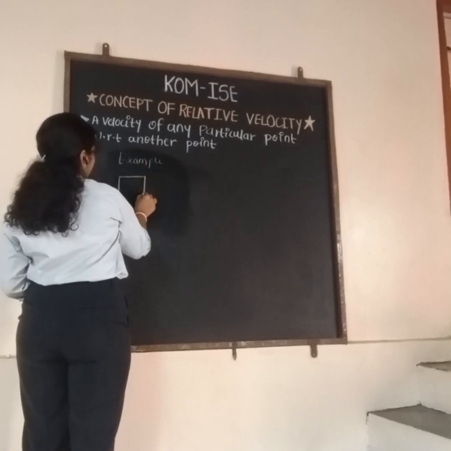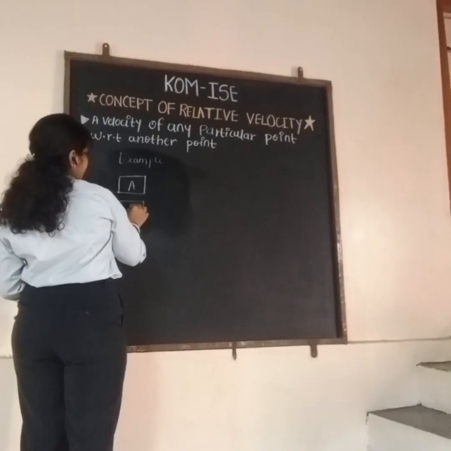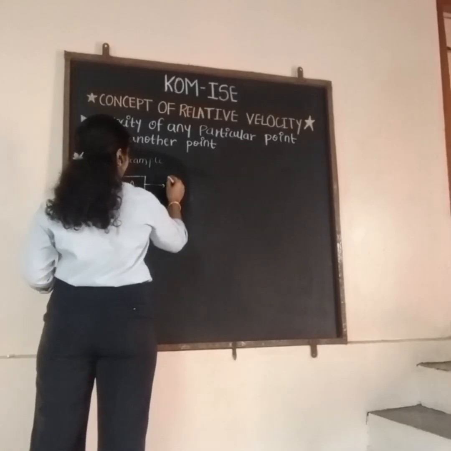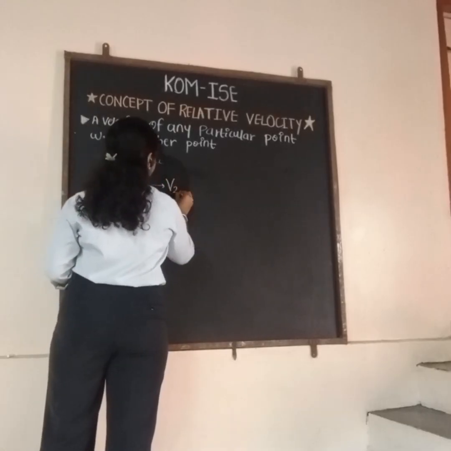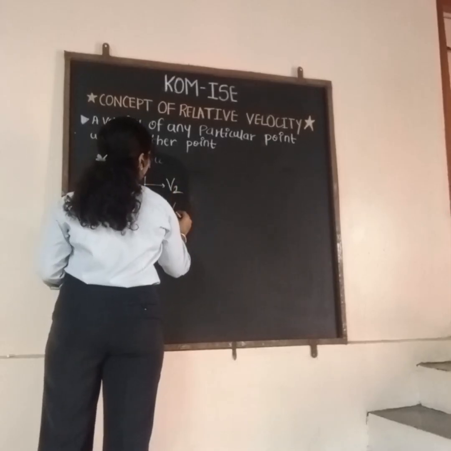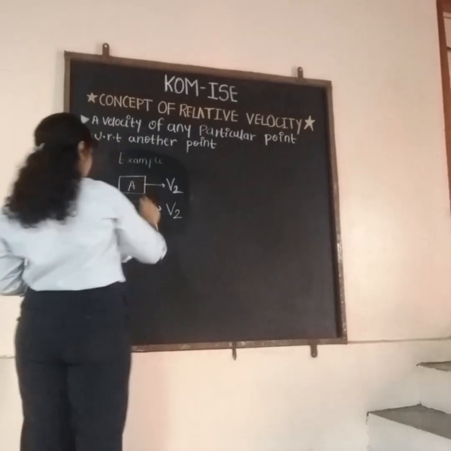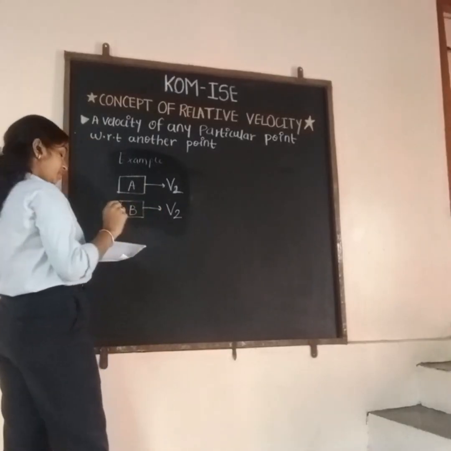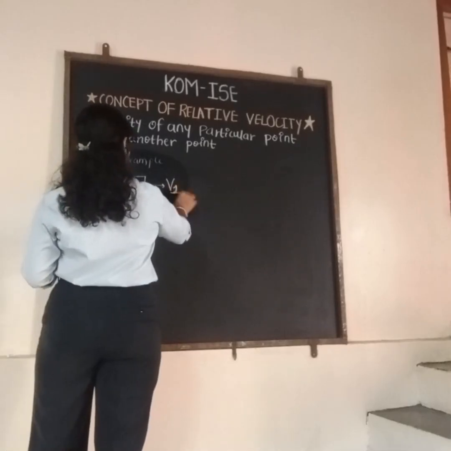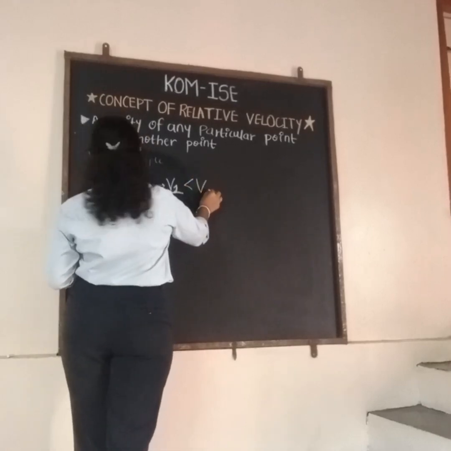Here we are considering two bodies, body A and body B, having two different velocities. The velocity of body A is v1 and the velocity of body B is v2. Both are moving with different velocities, and the magnitude of v1 is greater than the magnitude of v2.